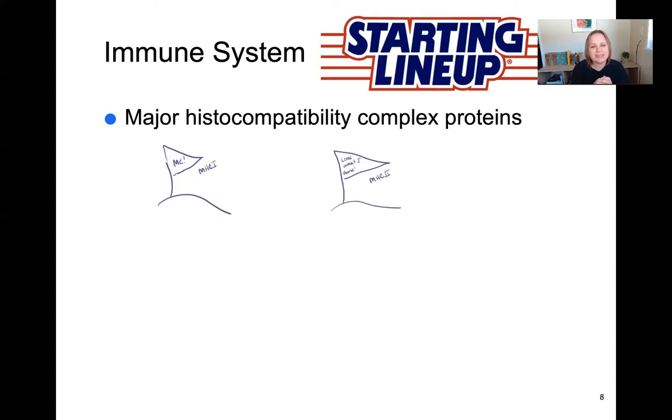All you need to know about this is that our cells wave little flags to say, this is me, don't kill me, or to communicate with other cells when they find a foreign invader. So we'll have cells in the body that go around looking for cells that are not waving a self flag. Our body needs the ability to recognize itself from non-self. And that's what these MHC1 and MHC2 do.